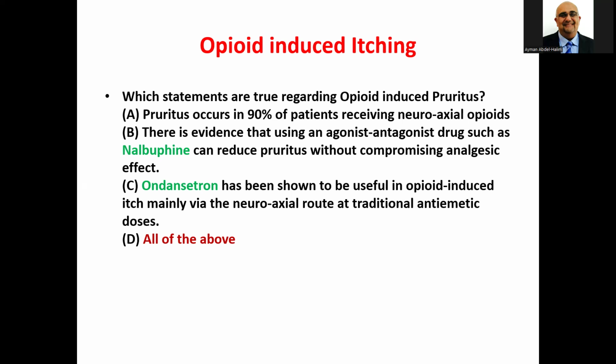Like a patient receiving an epidural, for example, and you're giving him a mix of local and opioids, and he started to itch. I mean, antihistaminics will not do much. This one will be more efficient.